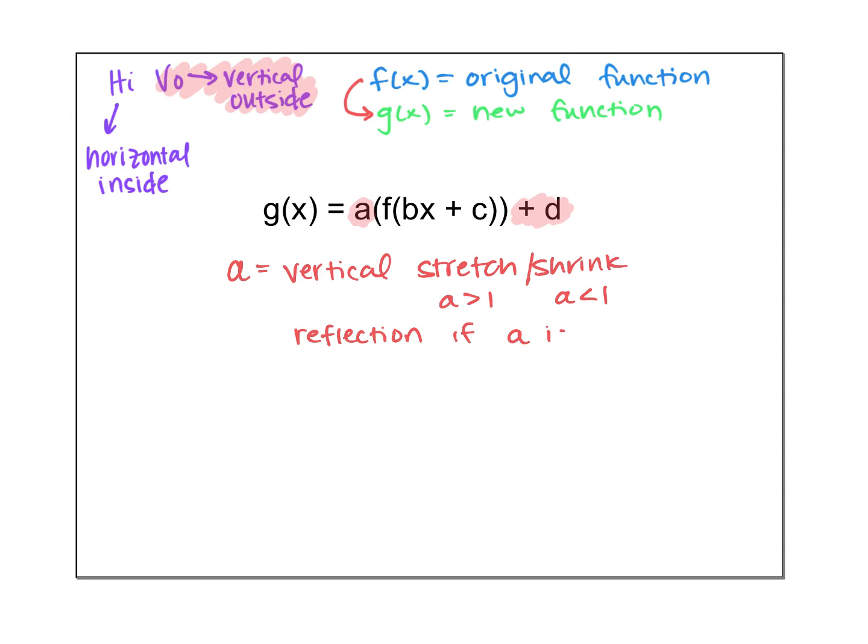So if a is -2 or -1/2, any negative value, it's going to be a reflection, a vertical reflection. D represents a vertical transformation as well, since it's on the outside, but it's not a stretch or shrink. This is going to be a translation or a slide.